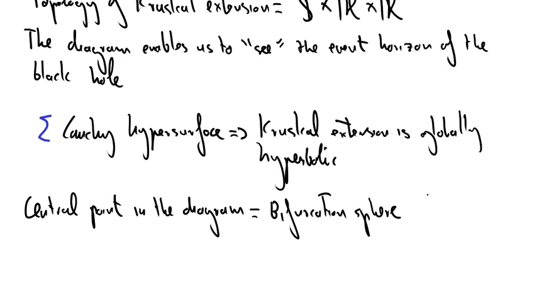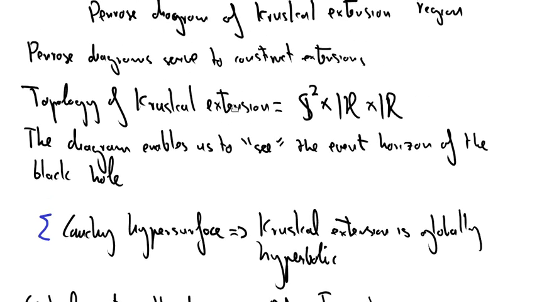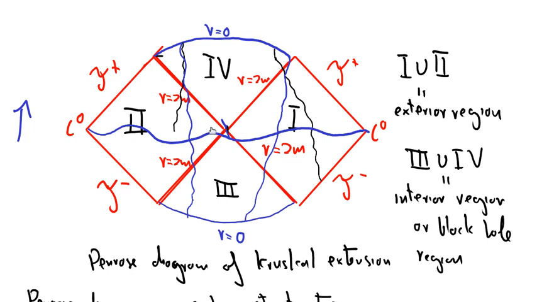Just by looking at the diagram, we see that it's the point which connects the two asymptotically flat regions, 1 and 2, and in a general black hole, it can be defined as the intersection of the future event horizon and the past event horizon.